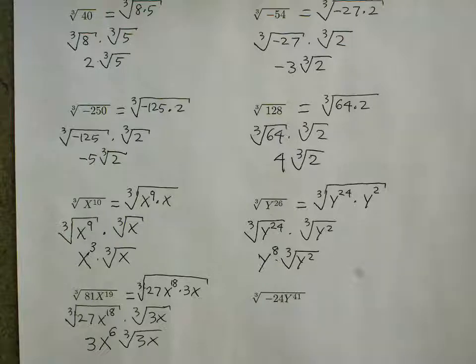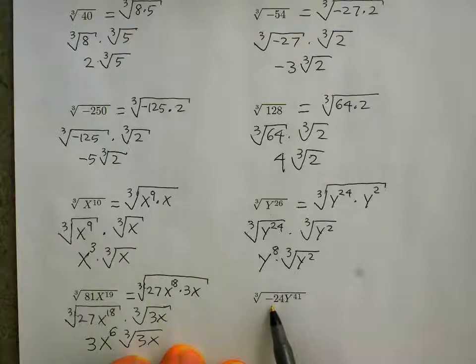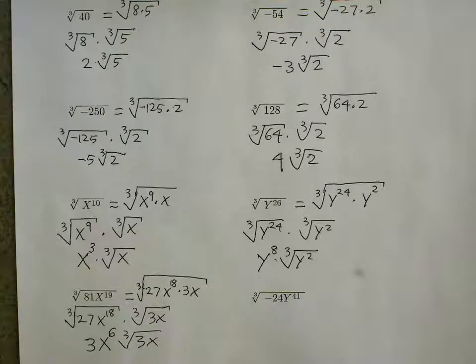So negative 8 times positive 3 is negative 24. So in the process, we'll eventually simplify the cube root of negative 8. And what's the largest factor of y to the 41st that's a perfect cube?